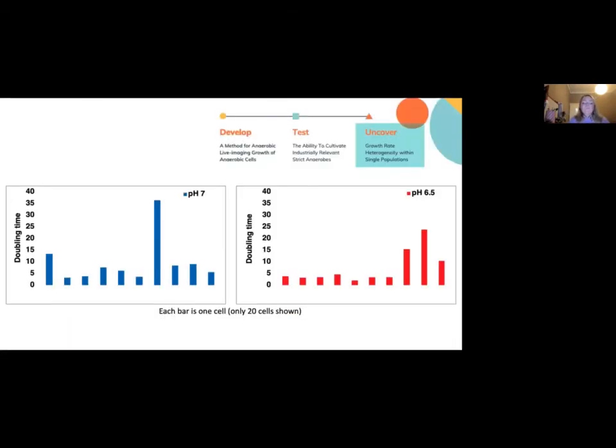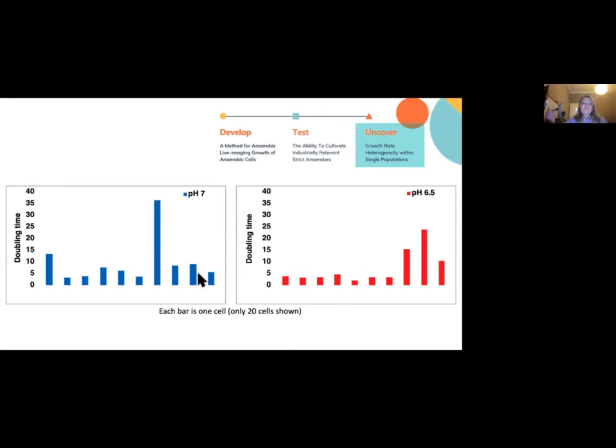And so in this case, each bar is the growth rate of one cell. So I've only shown 20 cells here, and so it's only preliminary findings. But here we can see that, so this is our doubling time.